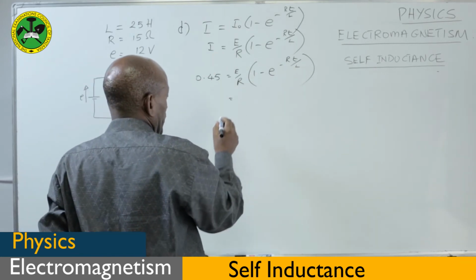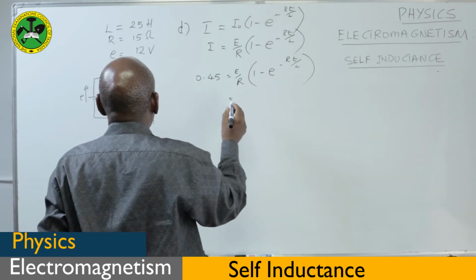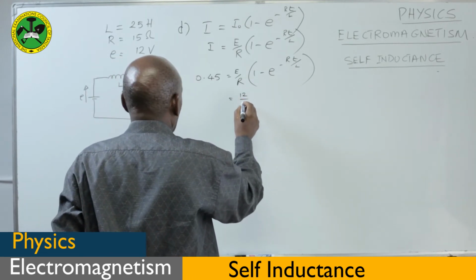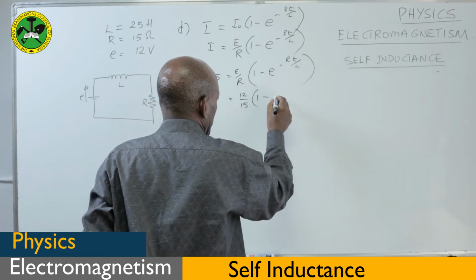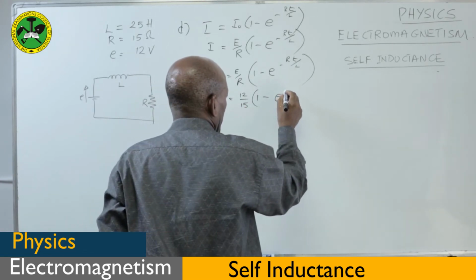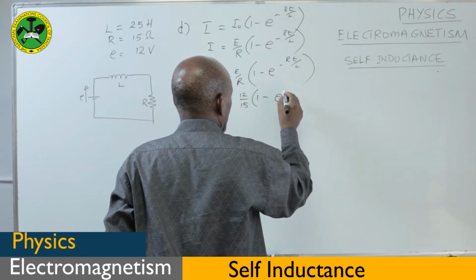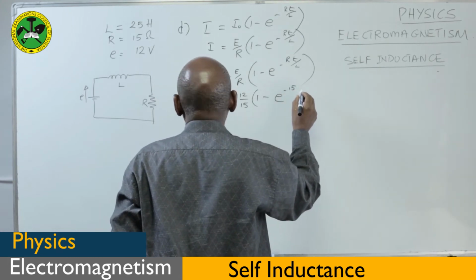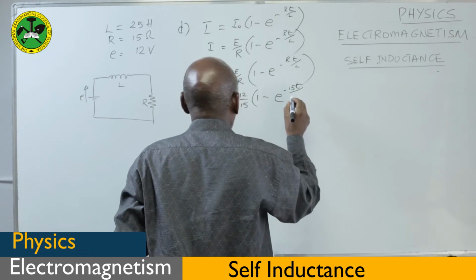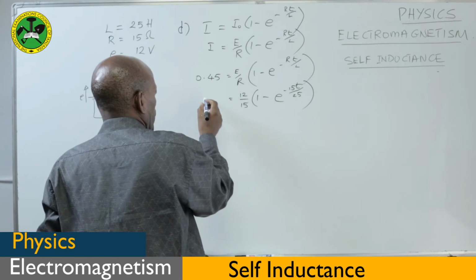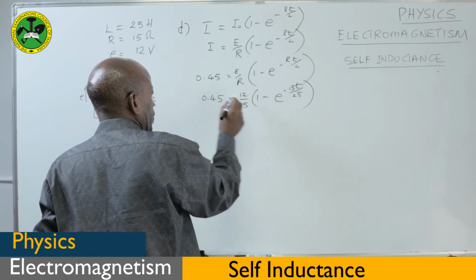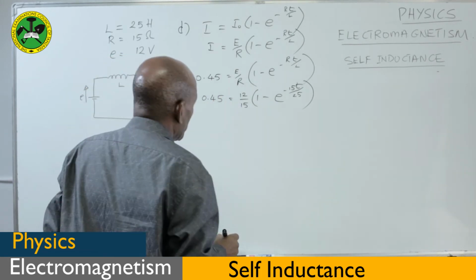E is 12 volts, R is 15, and L is 25. So we compute and determine the value for t.